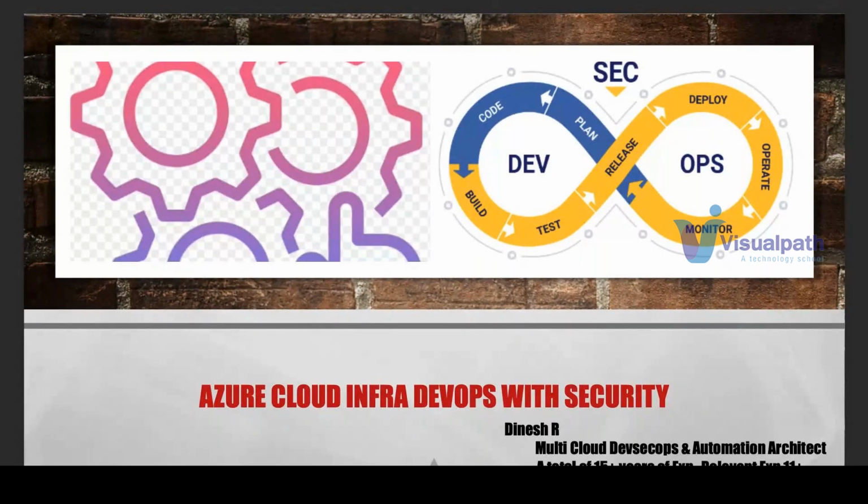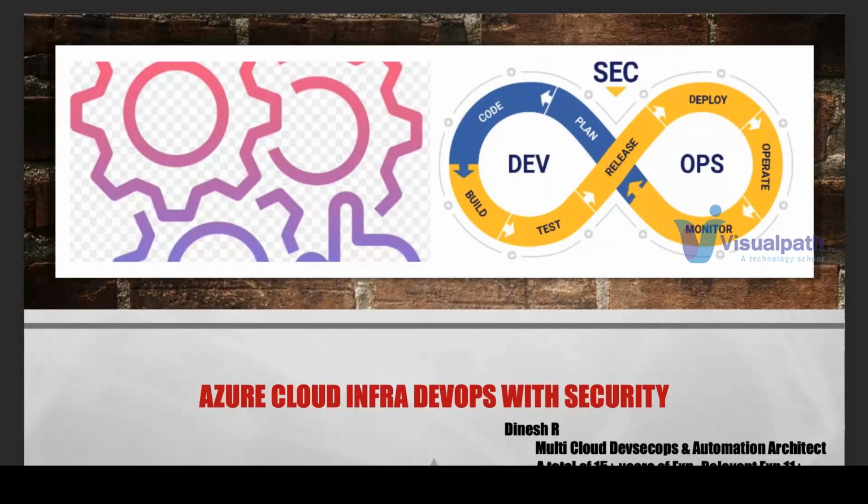Maybe first let me set the context, or later you can raise your questions. So myself, Dinesh, and I'm currently working in Singapore in an MNC as a multi-cloud DevSecOps and automation architect, and I'm specialized in Azure, AWS, and GCP clouds.